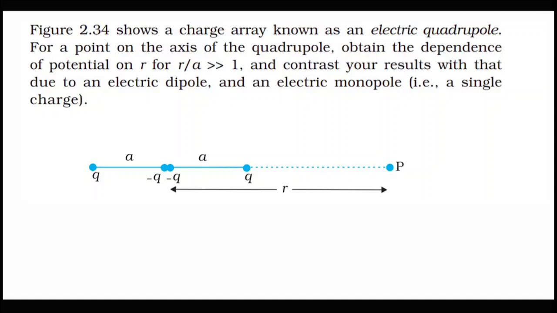So if I draw the arrangement once again, there is a quadrupole drawn in this fashion, such that the separation between them is equal to a, and the charges at the points are plus q, minus q and plus q respectively.